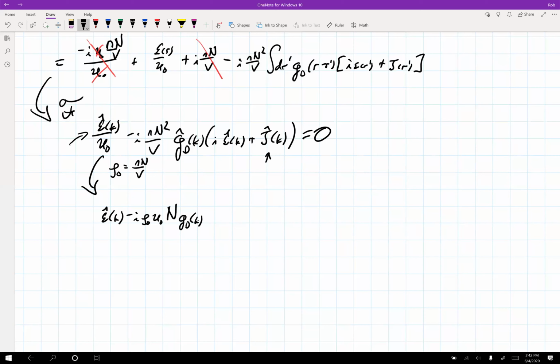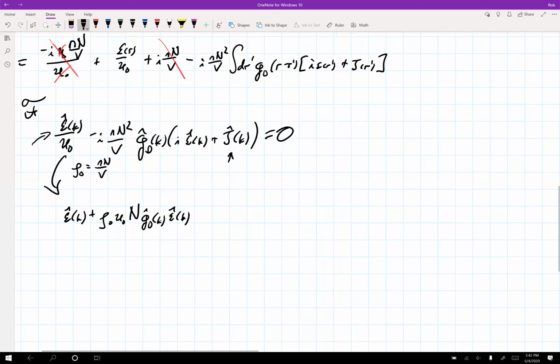We have another factor of I here, so I'm going to separate the sum into two terms. That's going to kill off the imaginary unit and make this a plus, so we can do that. So the I is gone, and we have rho naught u naught n gd hat epsilon hat of k, and then we'll have minus I rho naught u naught, all the same stuff multiplied by j.